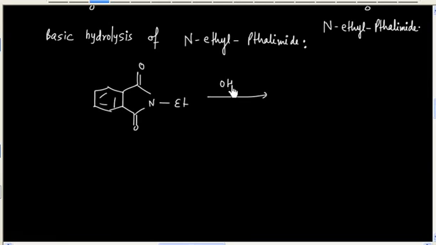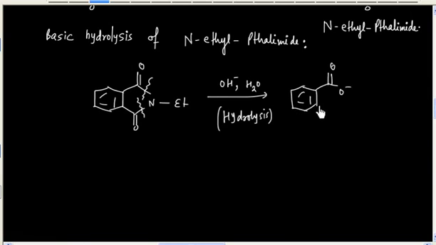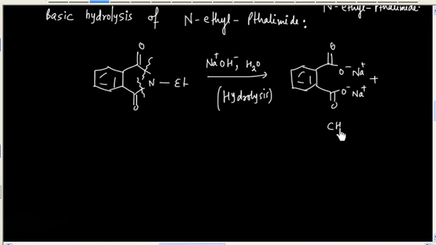So this is treated with OH minus in the presence of water, and this is nothing but hydrolysis. What happens? This bond breaks here and this bond breaks here, and the final product is, let us say we have NaOH, so we will have the sodium salt plus ethylamine.